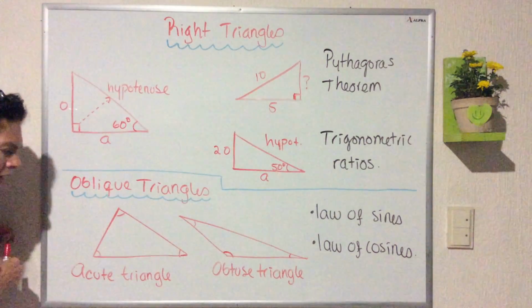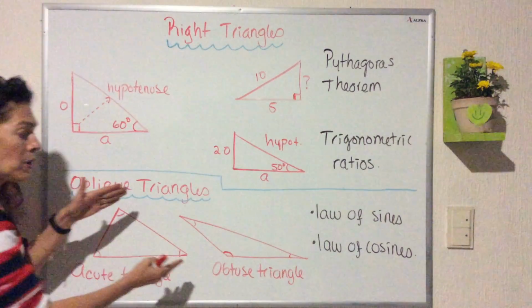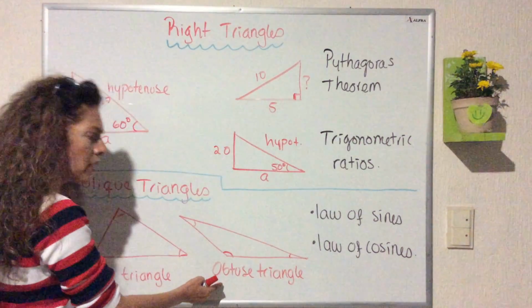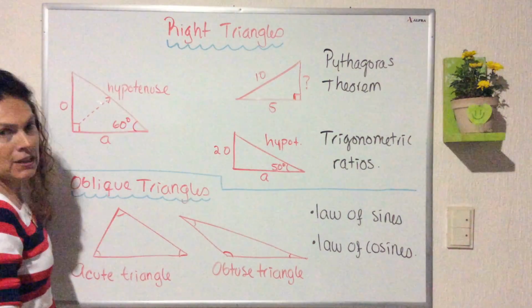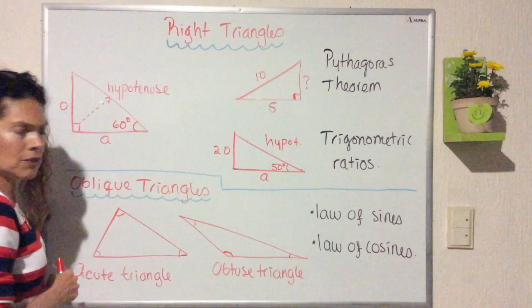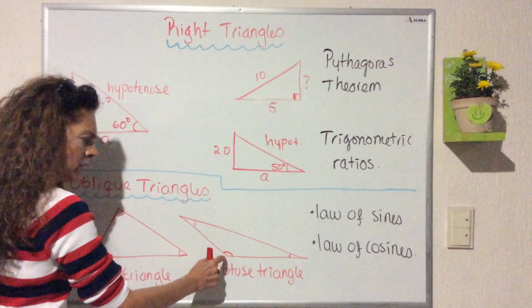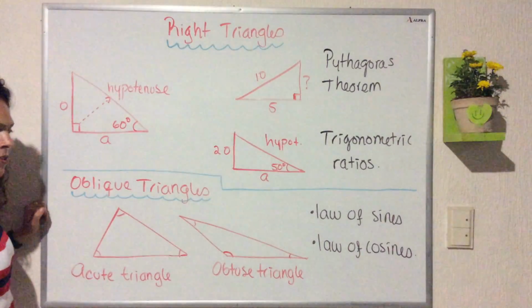All of them are acute angles, that's why this is an acute triangle. And we also have the obtuse triangle, where one of the angles is greater than 90 degrees, as this one. The other two are less than 90 degrees, but no matter, if you have one greater than 90, this is an obtuse triangle.